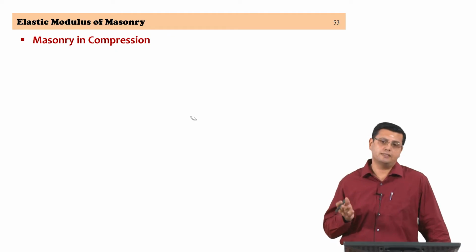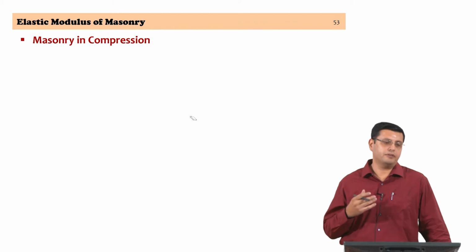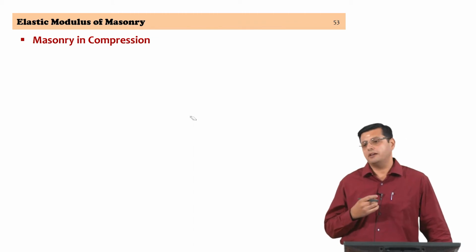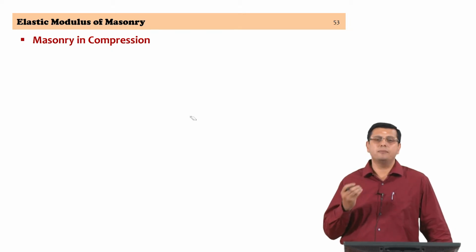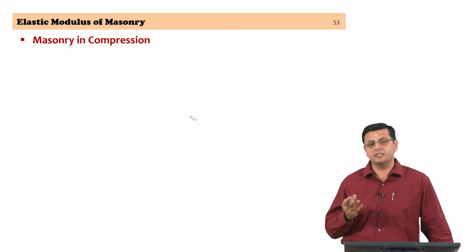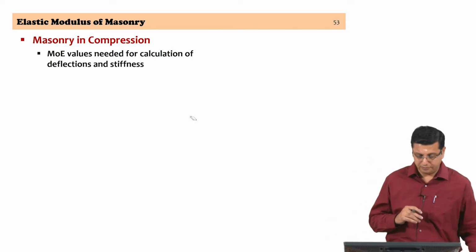The modulus of elasticity in tension, considering that masonry has very little tensile strength, is really not important from the design perspective. But when we are carrying out analysis of existing structures, particularly historical masonry, an estimate of the modulus of elasticity of masonry in tension may become important. However, our focus is going to be on the behavior in compression.